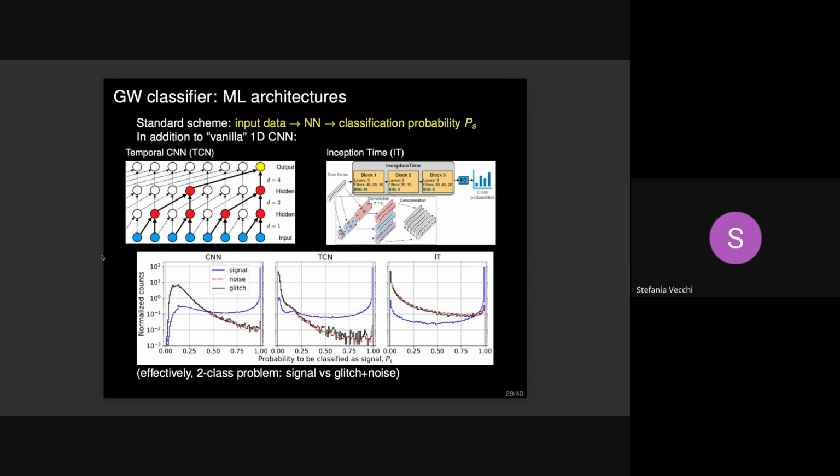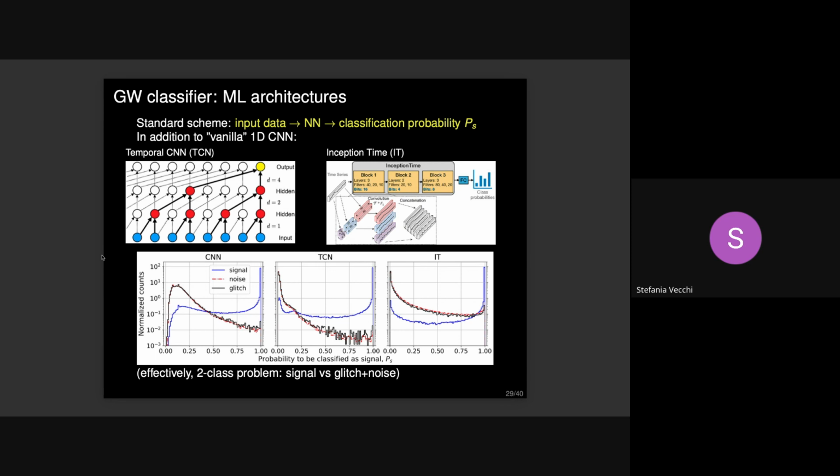And then we ran it through the data set, and we have counts of when the classifier classified different classes as a signal or a noise or a glitch. So from this slide, it's basically a comparison of three different outputs.